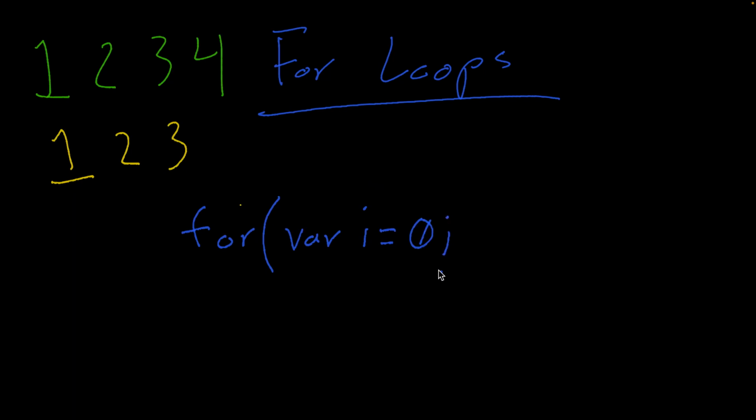So these semicolons separate out how you should read. So let me see if I can highlight these semicolons. Okay, so we got our first semicolon, var I equals 0, and we want to increase I to 3.